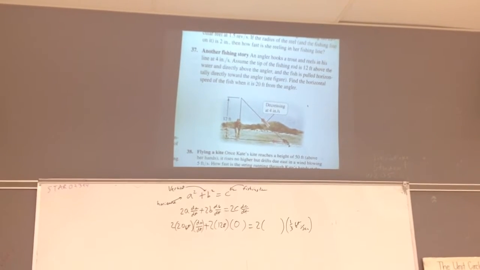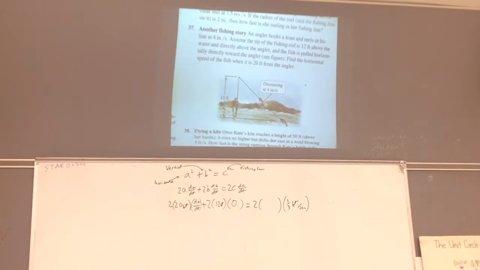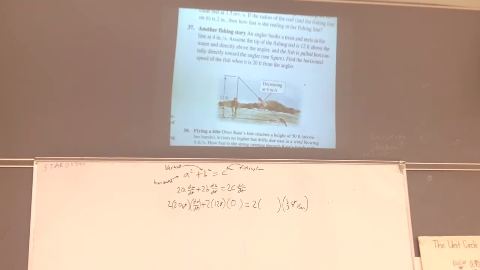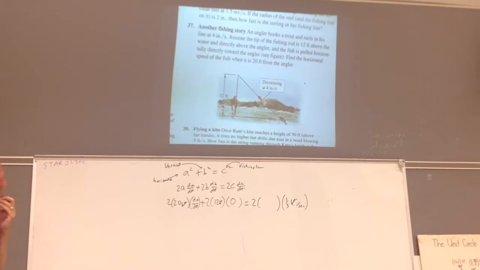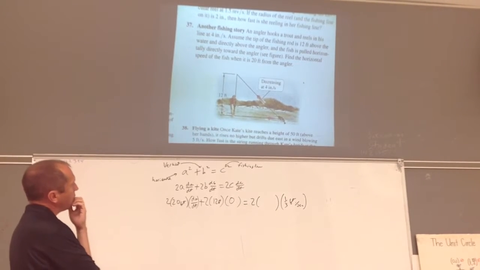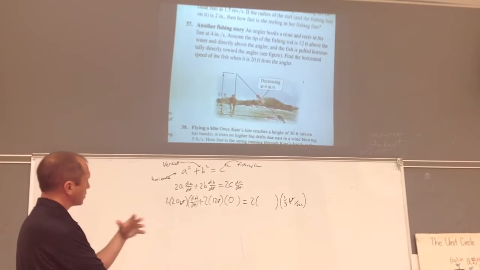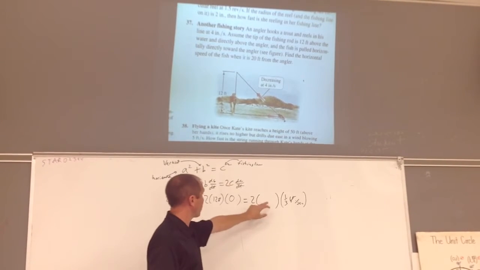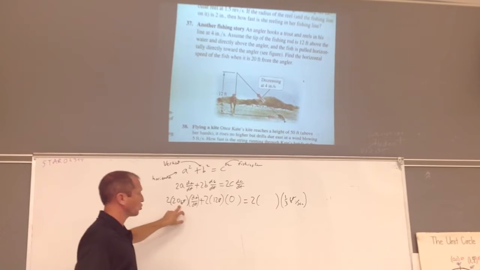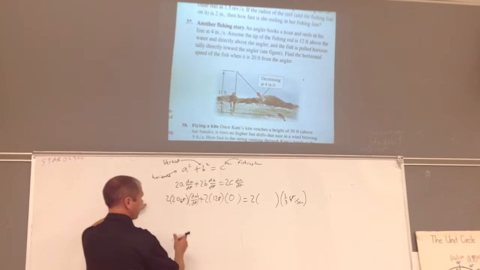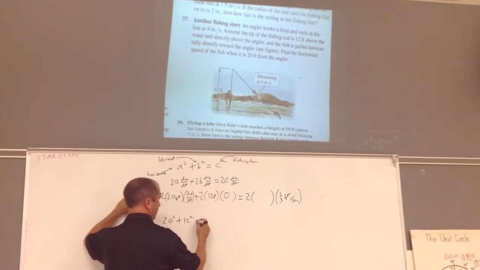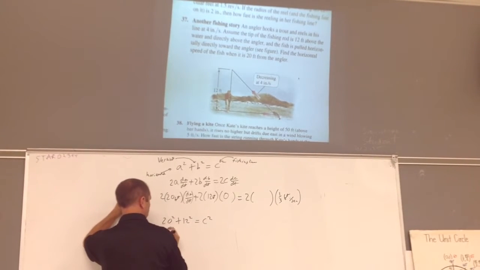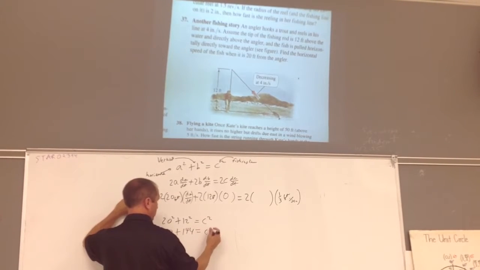So I've got 2 unknowns here. da/dt I know I'm wanting to solve for, because that's what the problem asks. But what about that particular c value? Yeah, I'll just go to the Pythagorean theorem to find out what c is when this is 20 and this is 12. So I've got 20 squared plus 12 squared equals c squared. So it's going to be 400 plus 144 equals c squared.